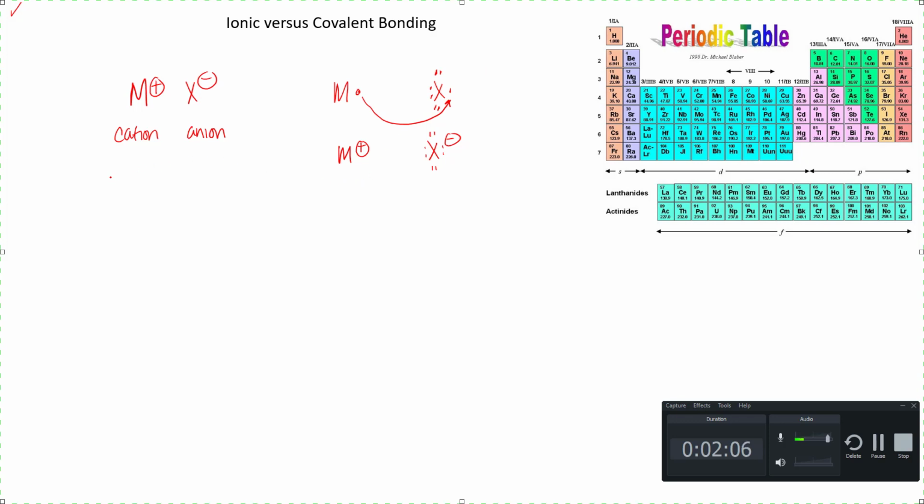So when we form an ionic bond, number one, the ionic bond is formed between ions, and it involves a complete transfer of an electron from one species to another.